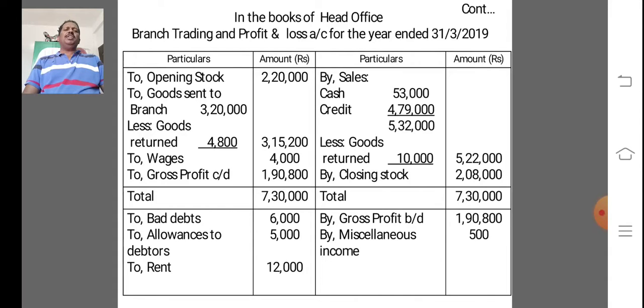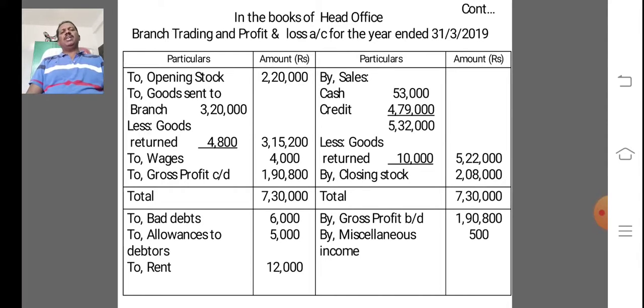And debit the wages 4,000 and credit the sales, that is cash 53,000 and credit 4,79,000 less goods returned 10,000, final 5,22,000, and credit the closing stock 2,08,000.